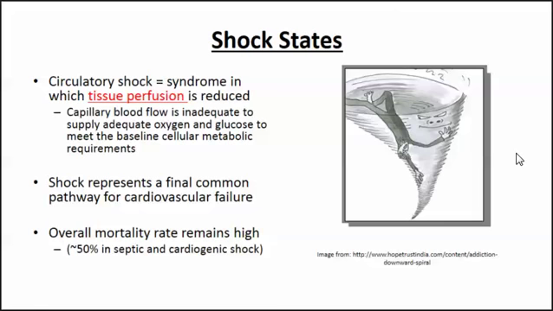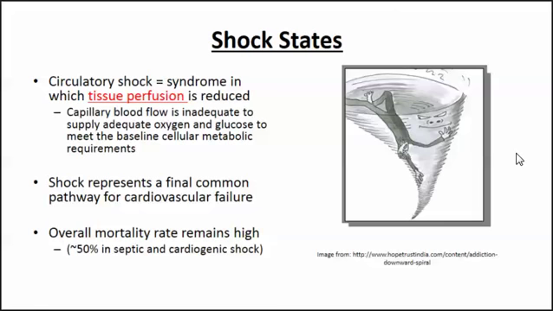If you don't get enough oxygen to the mitochondria, you don't get enough ATP production. But if you don't get enough building blocks to the individual cells, regardless of how much oxygen or glucose is in the blood, you're going to have the same outcome. You're not going to make enough ATP. You can't keep your cell membrane channel pumps working, and your electrolytes become unbalanced, and you ultimately have cellular degradation.